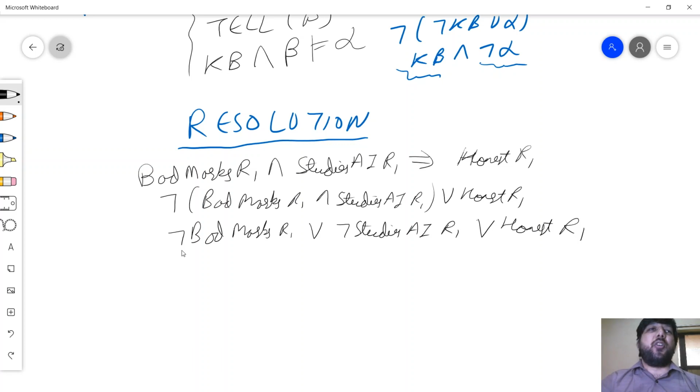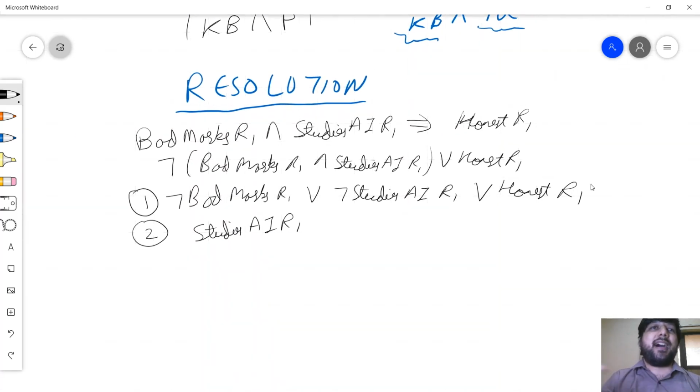I am also given another fact, which is studies AI R1. Now, in the more formal form, I merge these two pieces of knowledge in one place. So in a boardroom meeting, one is given by someone, two is given by someone, and we'll resolve something.